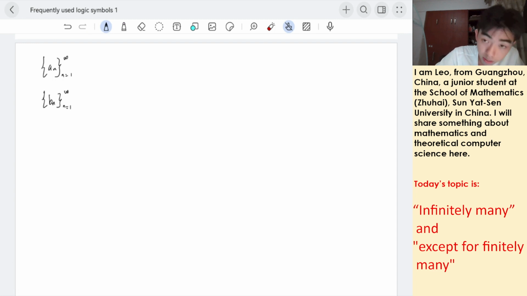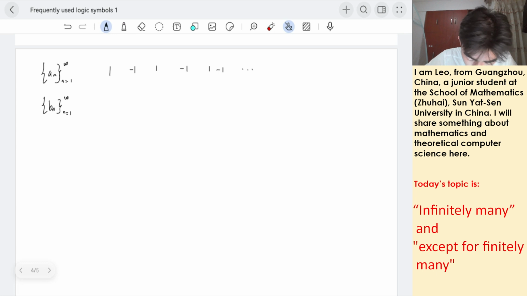And an, what's the an? An is the sequence 1, minus 1, 1, minus 1, 1, minus 1, and so on. Let's write it more clearly.